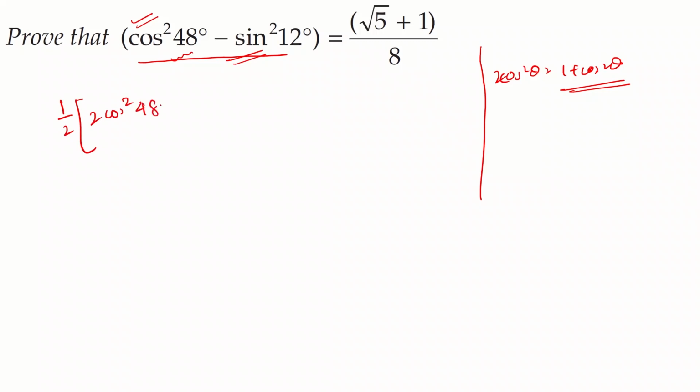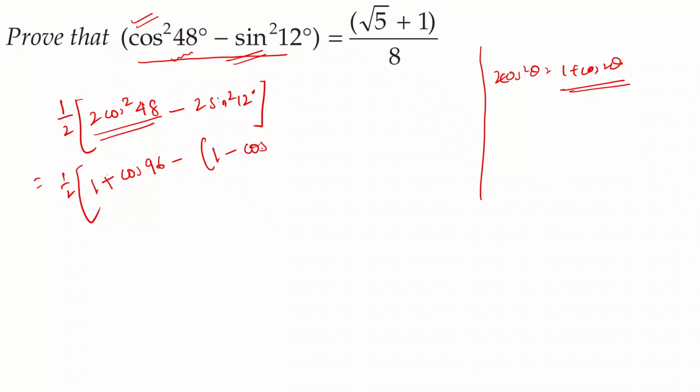So it is 2 cos square 48 degrees minus 2 sine square 12 degrees. Okay. So now 2 cos square theta is 1 plus cos 2 theta, meaning double of the angle. So the double of 48 is 96, and 2 sine square theta is 1 minus cos 2 theta, meaning the double of the angle.